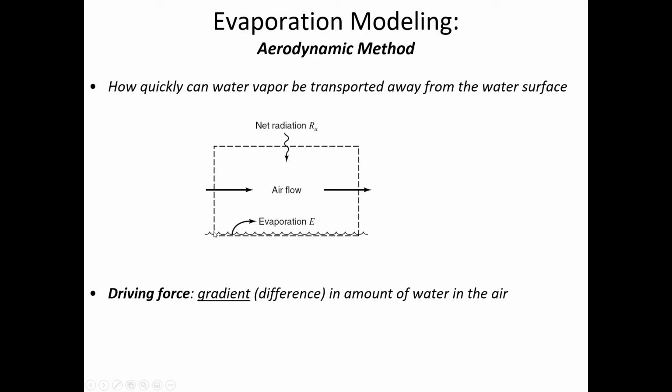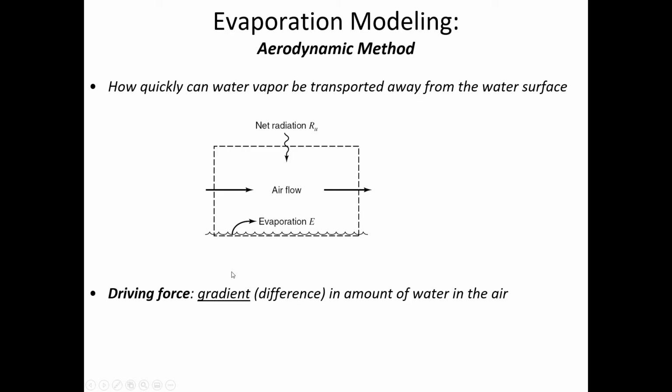So consider a certain control volume that is the air above a liquid surface. And if there's radiation coming in and evaporation of the water, the air above that water has a limit to how much moisture it can hold. There's a saturation or a maximum solubility of water in air.